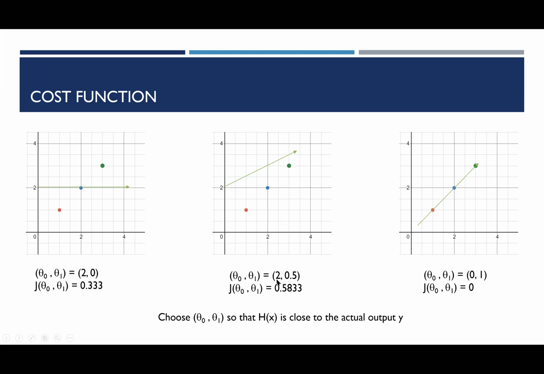Then the second graph is about 0.58, about 0.6, which is not the best. It's not really what you want to see with your h of theta. And finally you have the cost function equal to 0. That's when your h of theta aligns with the actual output. So that's what we want to do when we're doing linear regression.